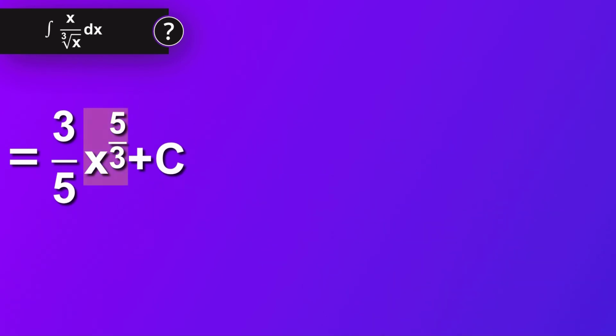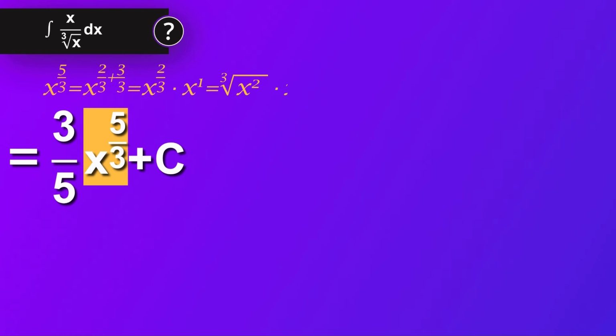We can rewrite also x raised to 5/3. We may write 5/3 in the power as 2/3 and 3/3. In that way, we may write it down as x raised to 2/3 multiplied by x raised to 1. X raised to 2/3 is, in other words, the cube root of x squared, and x raised to 1 may be written down as x.